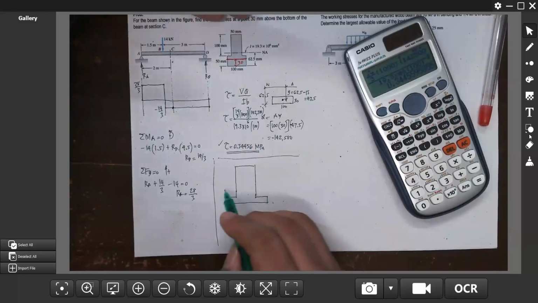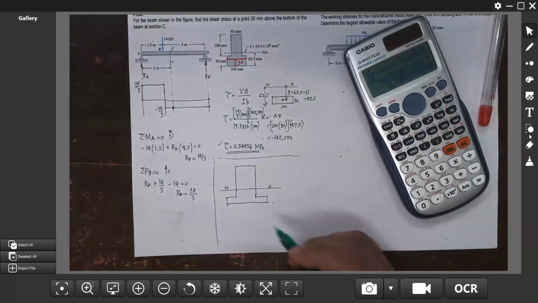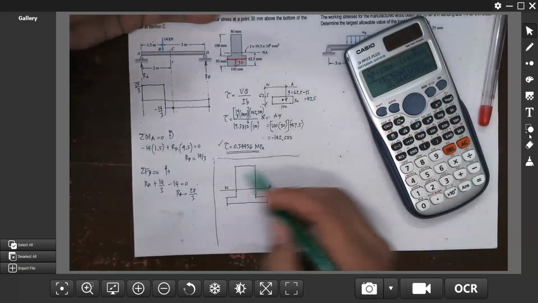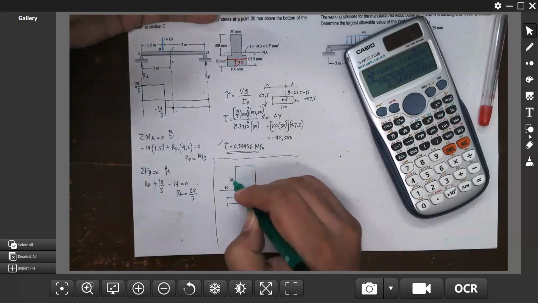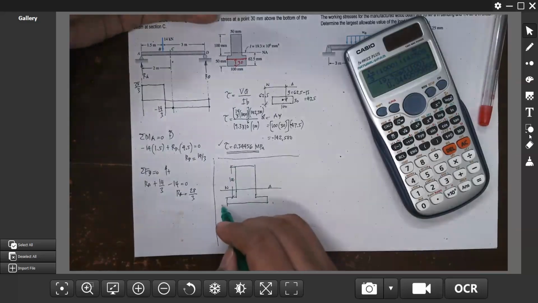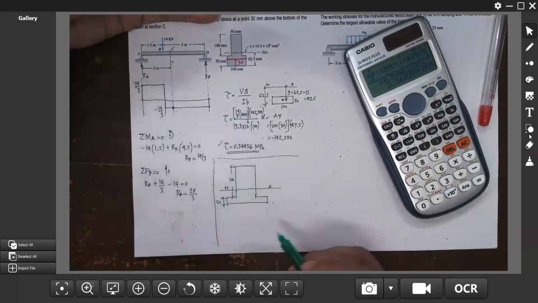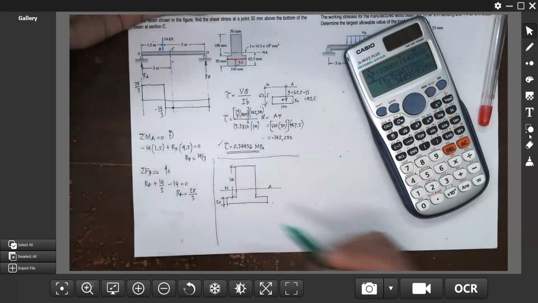Take note, this is 100. And this is 20. 20, because that one is 50 minus 30, so it is 20.